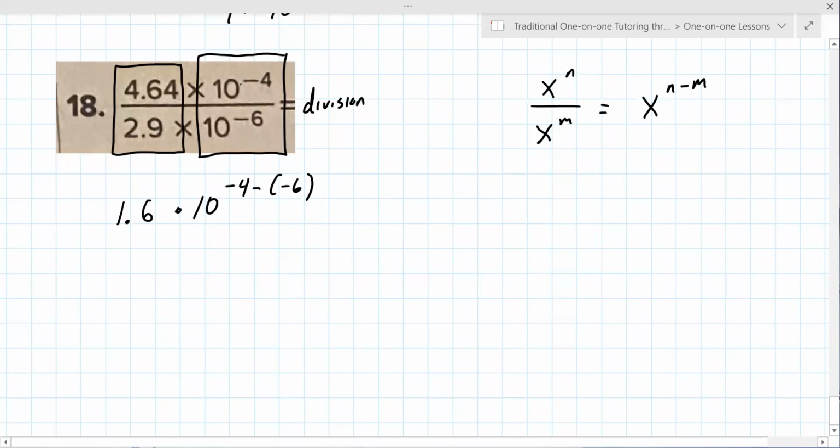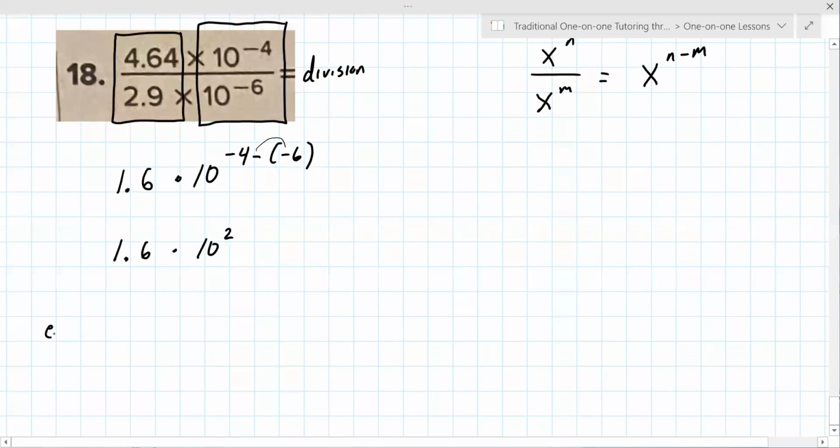And it's important to write it this way because you're going to distribute the negative. So it really ends up being -4 plus 6, which is positive 10 to the 2, because this is negative, this is positive.